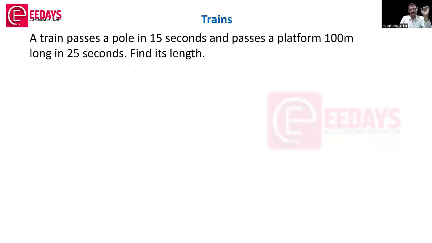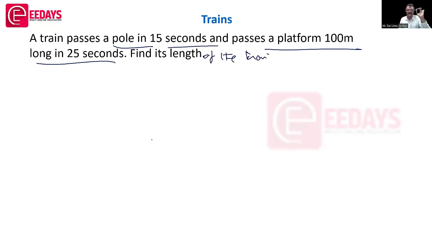Next question. A train passes a pole in 15 seconds and passes a platform 100 meters long in 25 seconds. Find the length of the train. Here the train crosses a 100 meter platform in 25 seconds, and crosses a pole in 15 seconds.